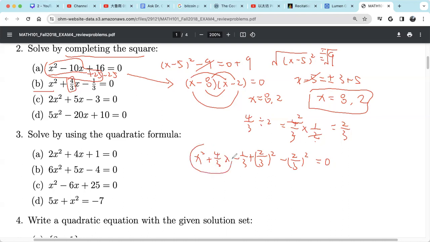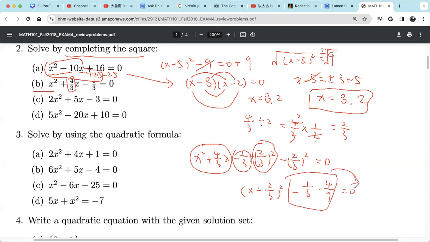Then these three terms give us a perfect square, which is x plus, because it's positive, 2/3 squared. And then we have this one left, minus 1/3. We have this one minus 2 squared is 4, 3 squared is 9, 4/9. That equals 0.